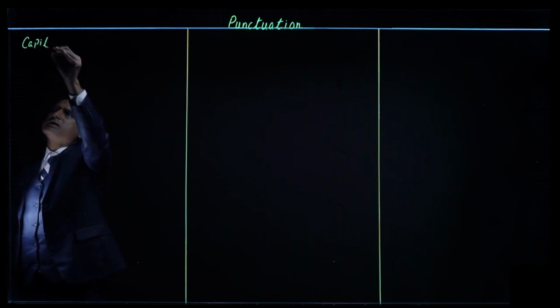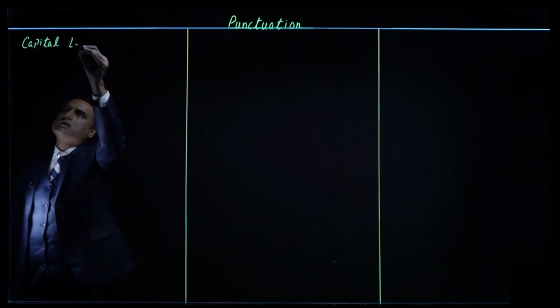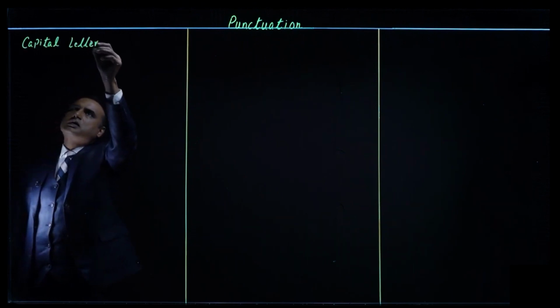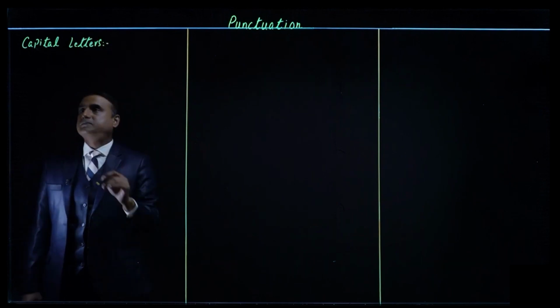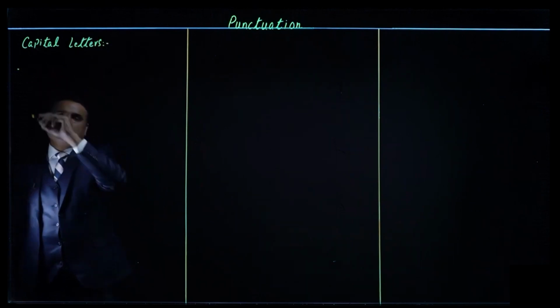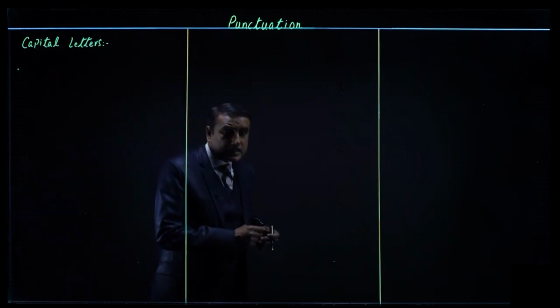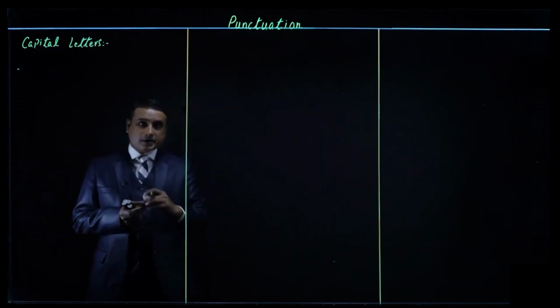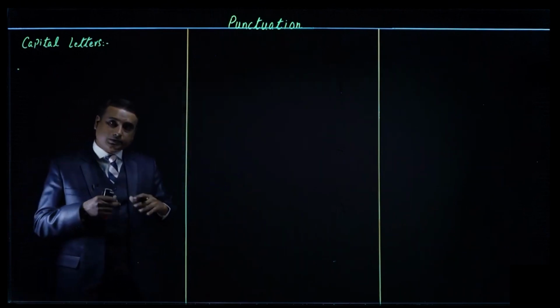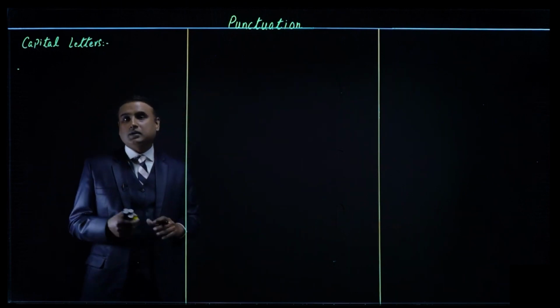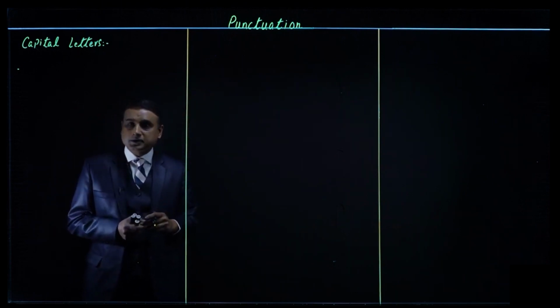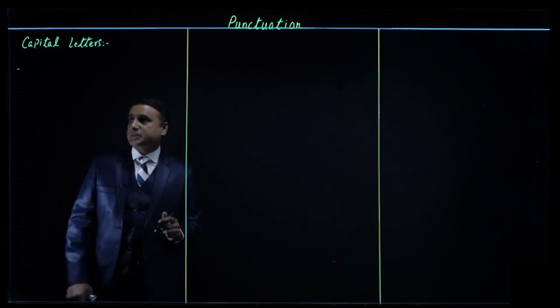And again we are discussing capital letters. Last we discussed that if you are addressing a person or addressing a relation, obviously the first letter of that relation will be capital.